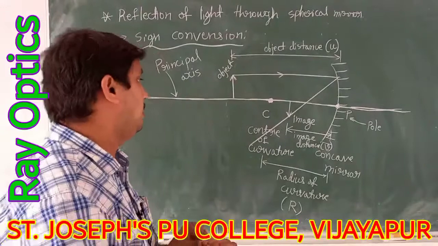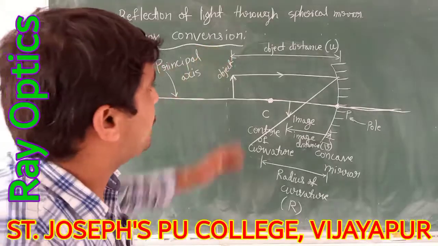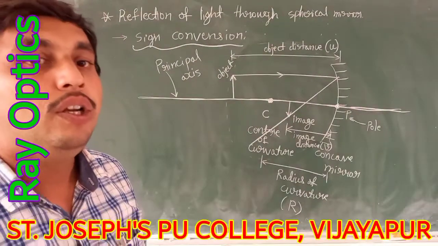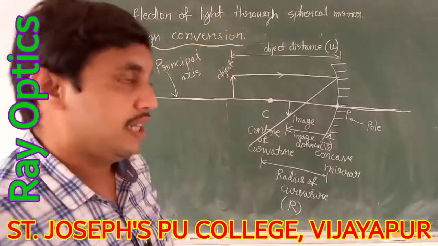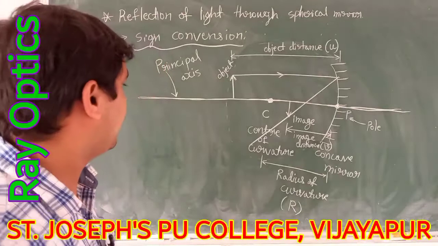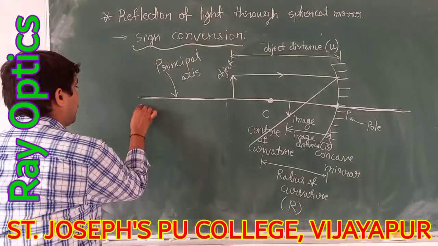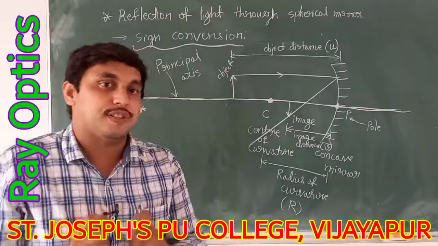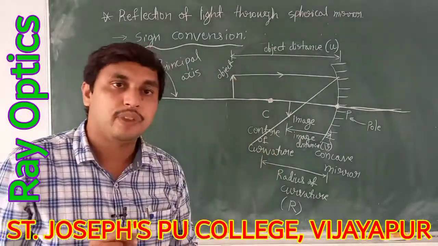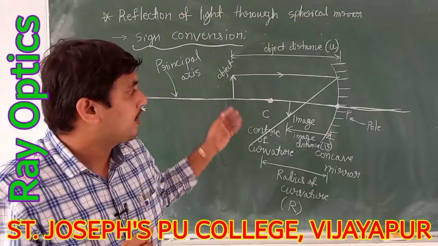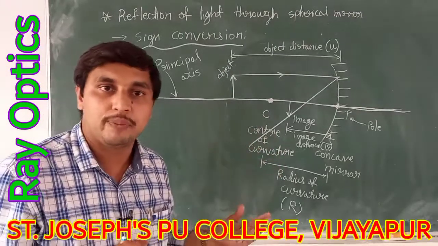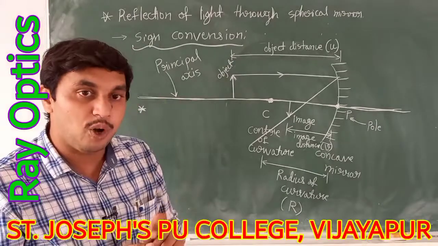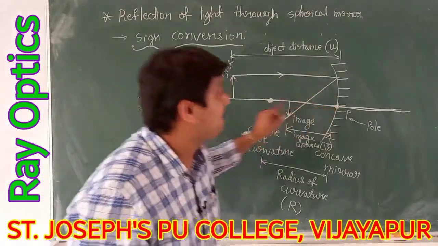Now, while measuring object distance, image distance, radius of curvature and so on, we have to use some sign convention. The first point is that all the distances in ray optics are measured from the pole of the mirror.